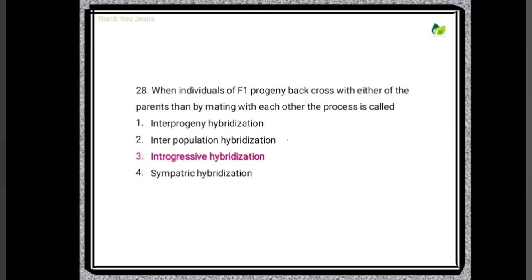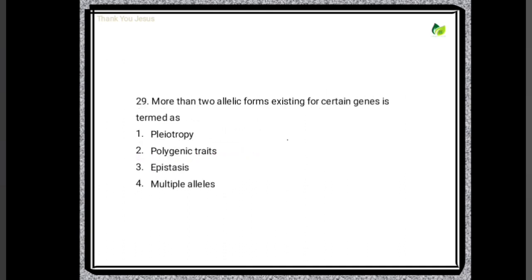The correct answer is introgressive hybridization. So introgressive hybridization is nothing but if F1 hybrid is repeatedly backcrossed with any one of its parents, it is called introgressive hybridization. Let's see the next question.